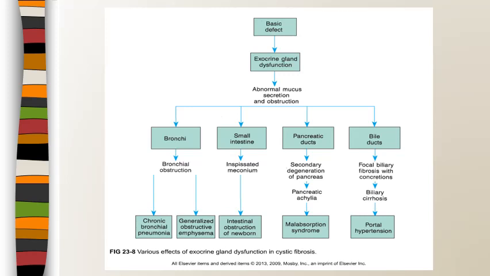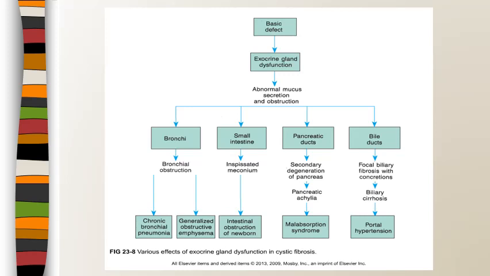What can happen in the small intestine that we see with these children, usually at birth, it's one of the first signs and symptoms that we see of cystic fibrosis, is that they may have a meconium plug. So because of the thick tenacious secretions, we see intestinal obstruction. And then when we test further, once we've found this in a newborn, we then test for cystic fibrosis.